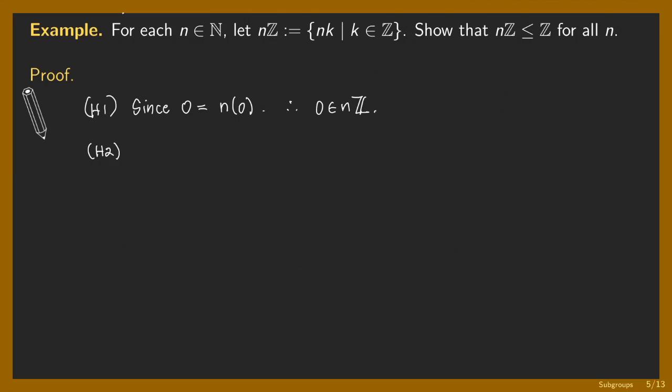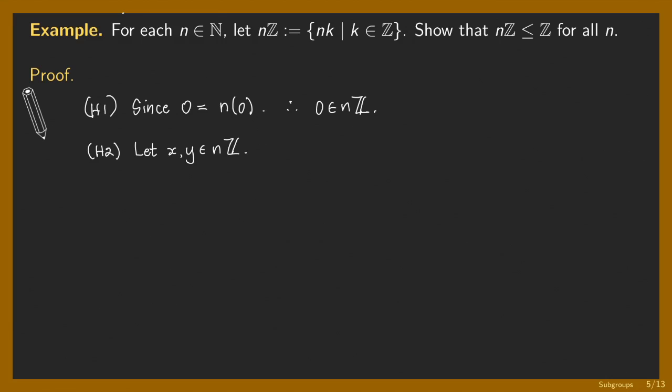Now, normally when we write proofs, we write in paragraphs. But here, just to emphasize that I am checking conditions H1, H2, and H3, I'm listing it like this. So for axiom H2, we have to verify closure for addition in nZ. So we will take two elements x and y of nZ.